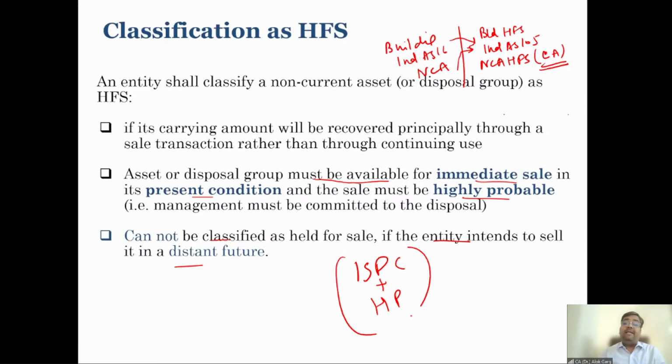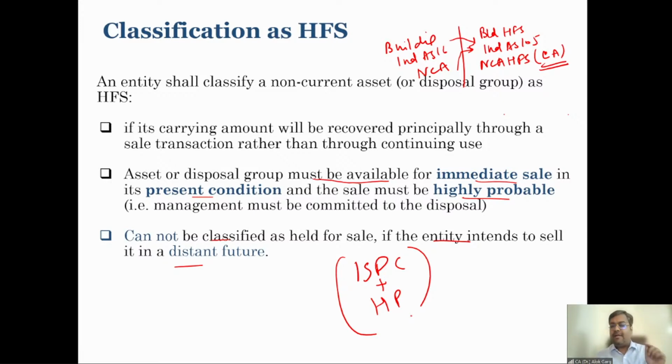Sir, what is meant by ISPC? ISPC means Internet Service Provider Company. Please write down, Internet Service Provider Company. What is HP? HP means Hindustan Petroleum. But sir, is that the meaning of ISPC and HP in the context of Ind AS 105? No, this is just to help remember ISPC and HP, right?